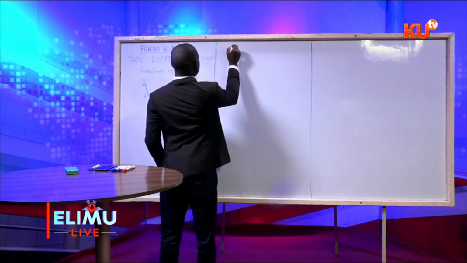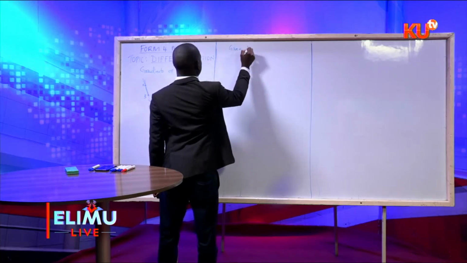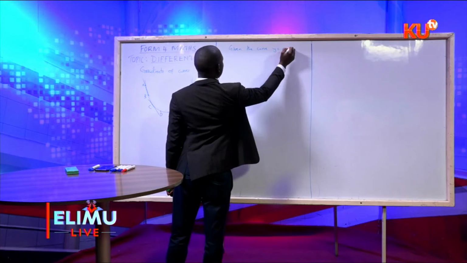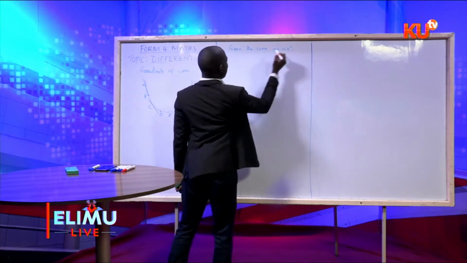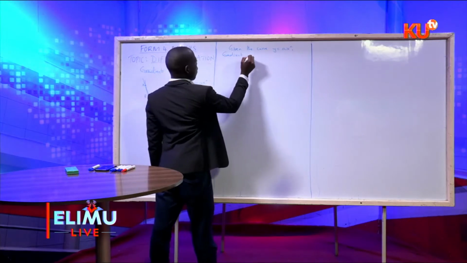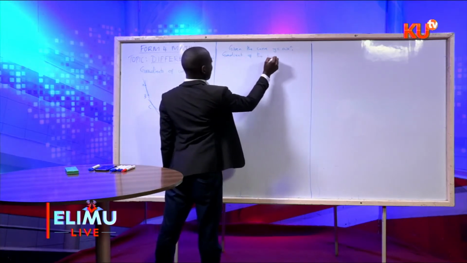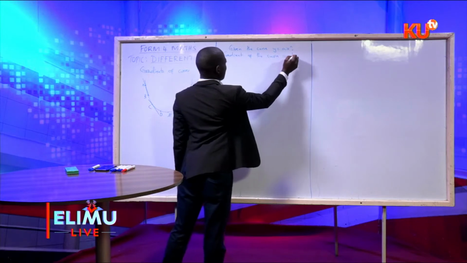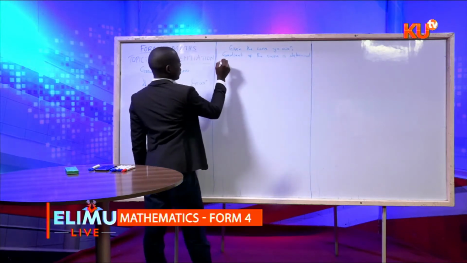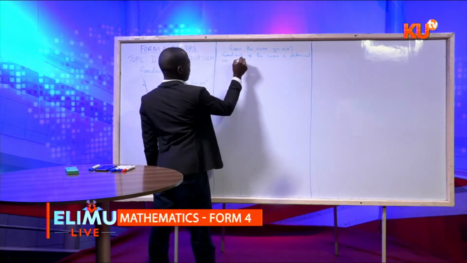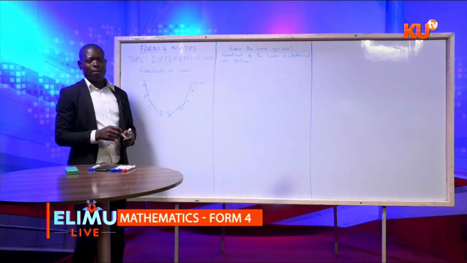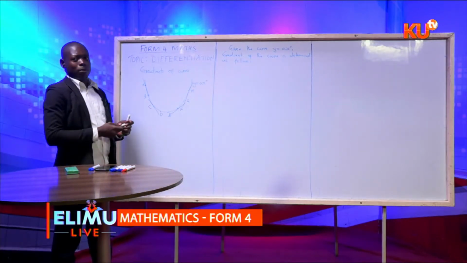So given the curve y equal to ax power n, then we are saying the gradient of the curve is determined as follows. So how do we determine the gradient of the curve at the point?